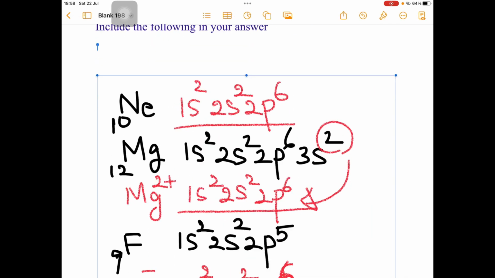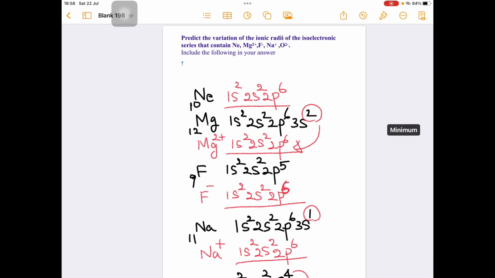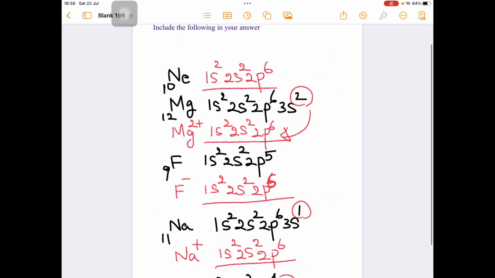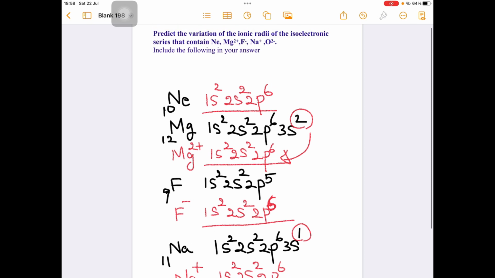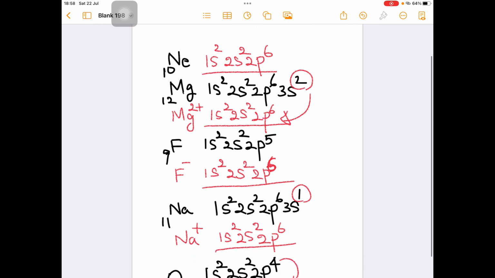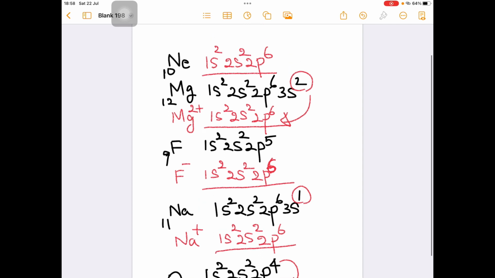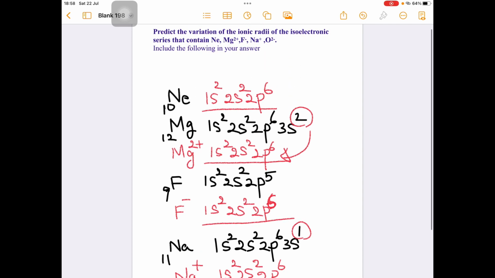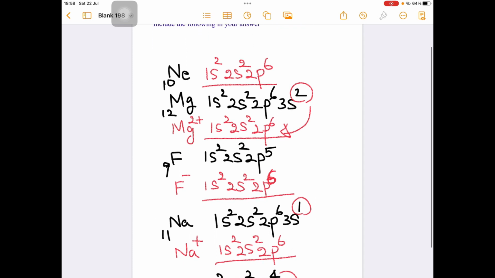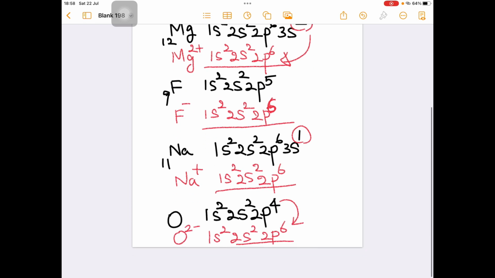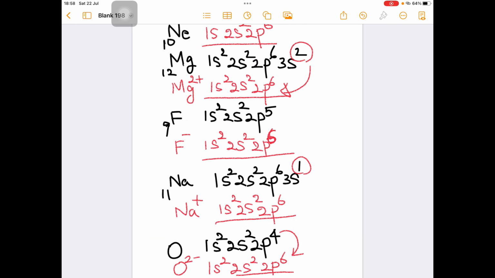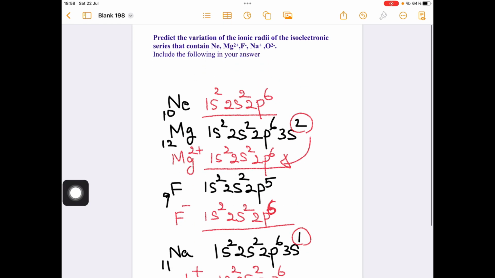That's the reason why we call them isoelectronic ions, and neon is an atom. And now we are supposed to predict the variation of the ionic radii of neon, magnesium, fluoride, Na+, and oxide. So how can we do this?